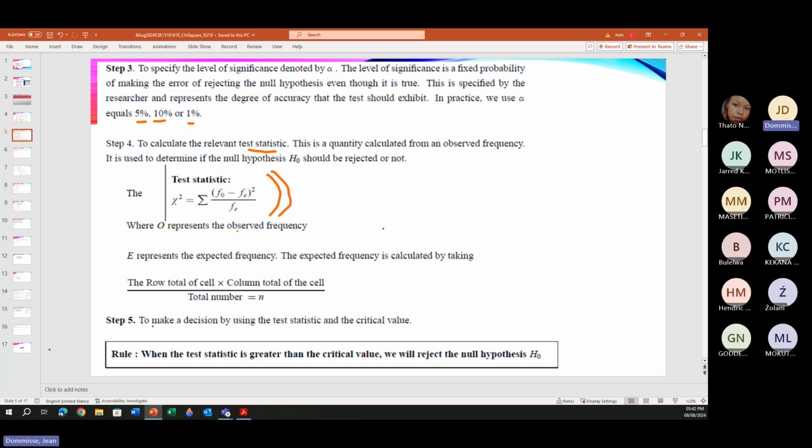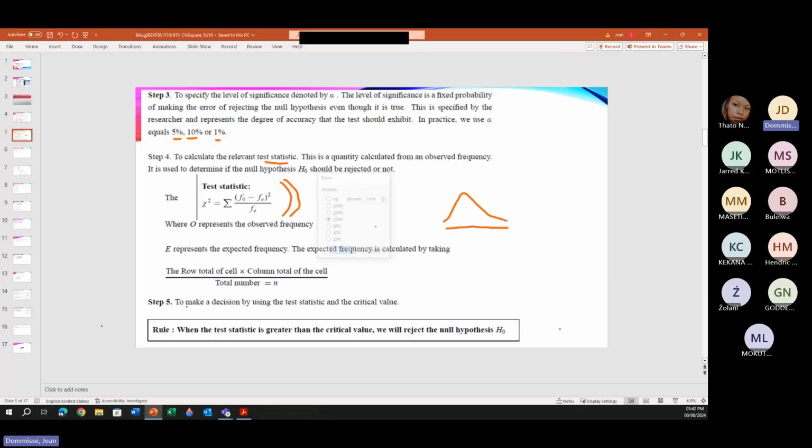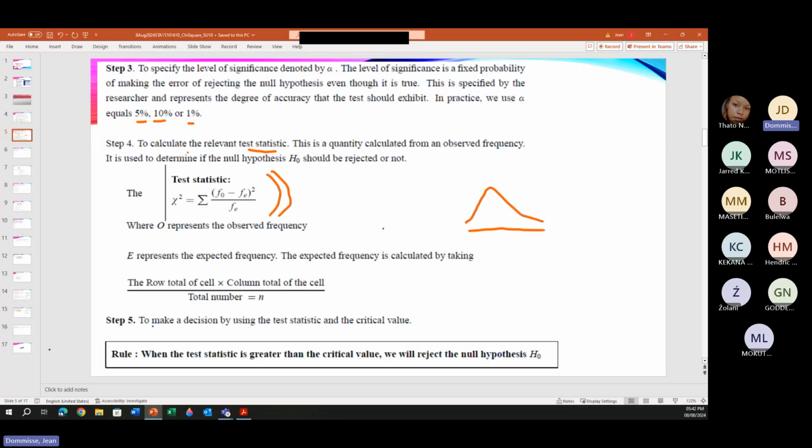And when we have that, it's exactly the same, though it is drawn a bit differently to the Z and the T table. When we get to the last stage, we're going to have a critical value out of step 3 and a test statistic out of step 4.